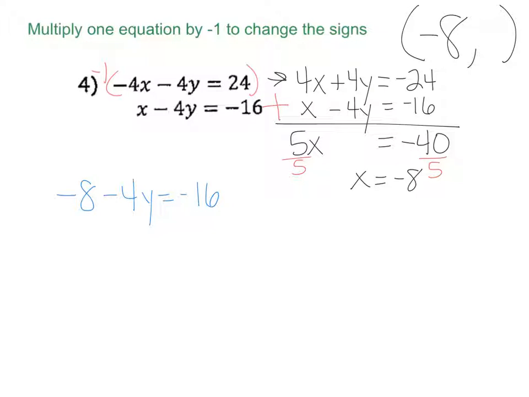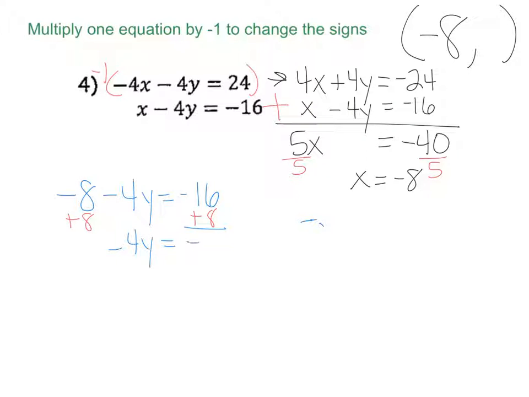Now solve for y, just like we've done on the first two problems. Add 8. Remember, you can only add it to like terms. Negative 4y equals negative 16 plus 8. They're opposite signs, so not 24, negative 8.